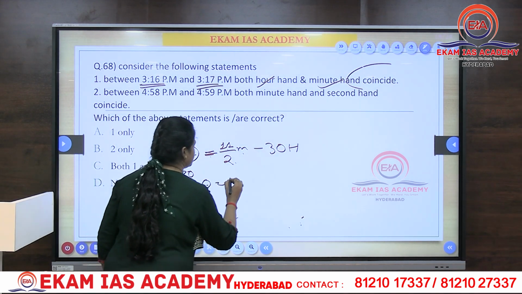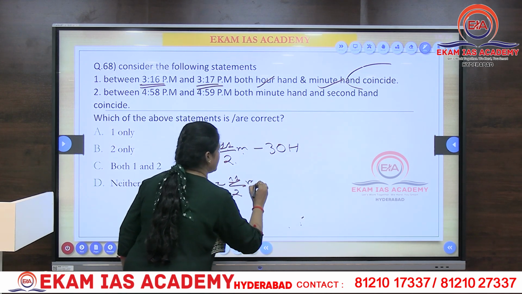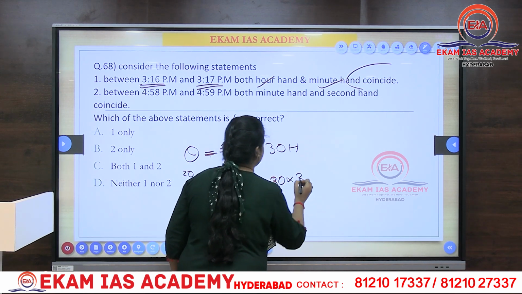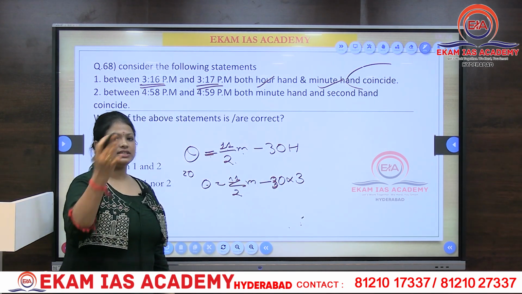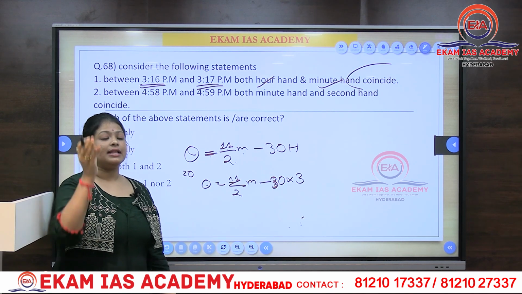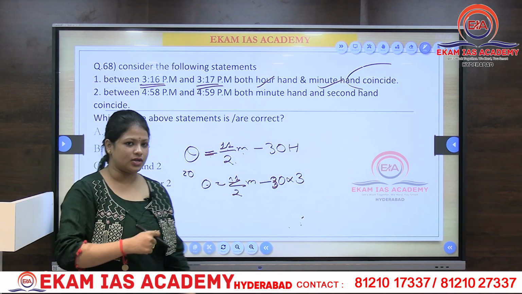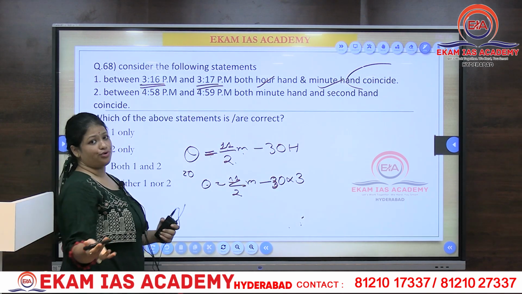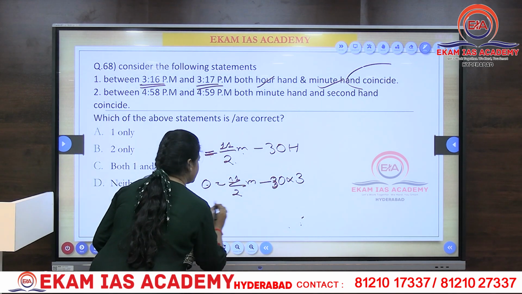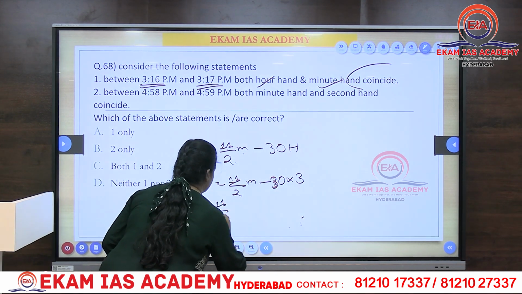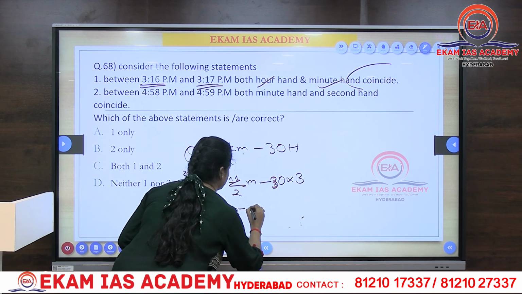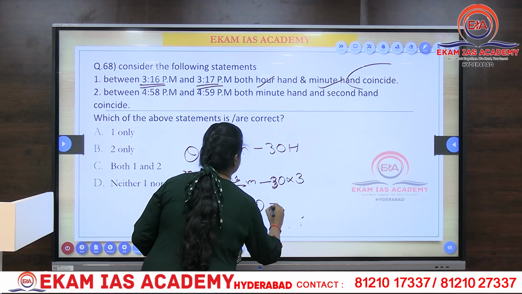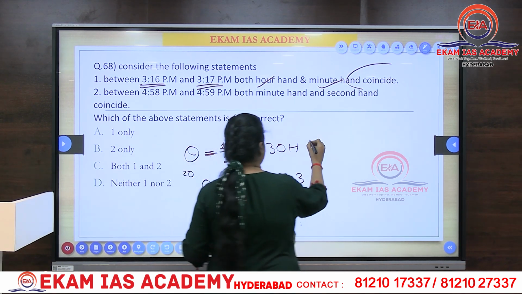So 0 is equal to 11 by 2 m minus 30 into 3. Here we are finding after 3 o'clock at which time the minute hand and the hour hand coincide, and we are going to check if the time is equal to this or not.